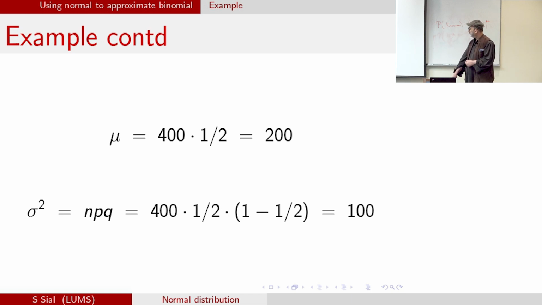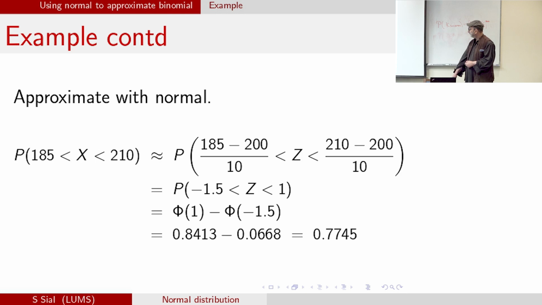You're tossing a coin 400 times, so n times p is 200. And your variance is npq, so n times p times 1 minus p, is 100.